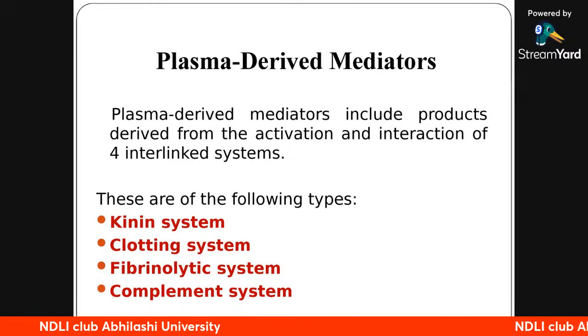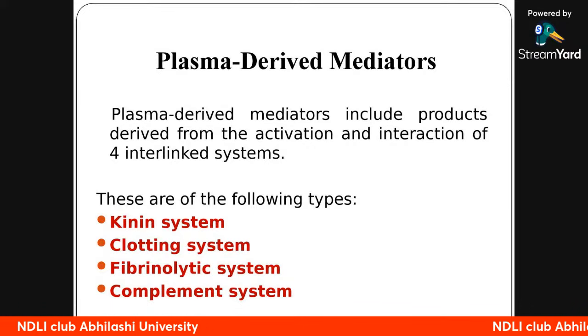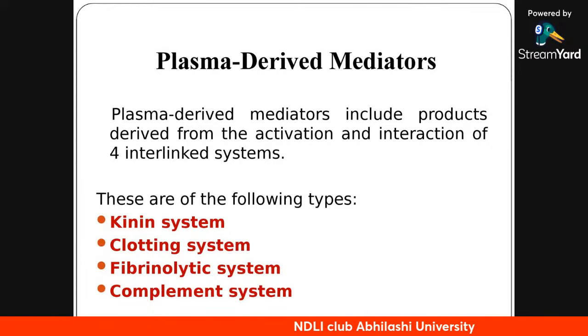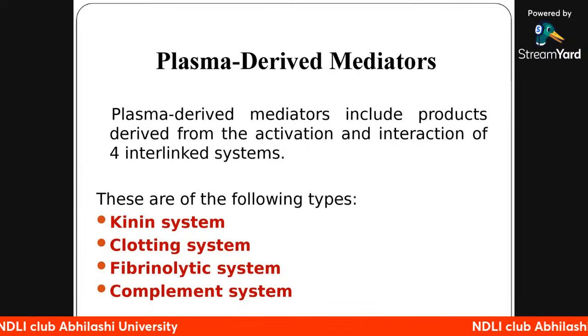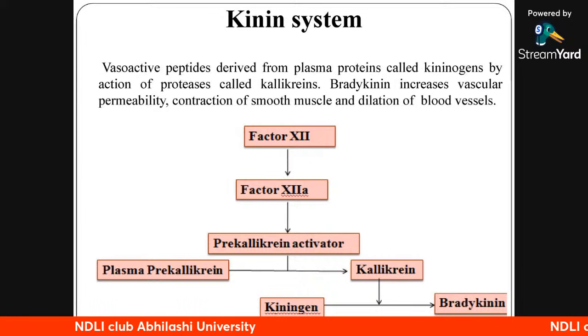Plasma-derived mediators include products derived from activation and interaction of four interlinked systems. These are the following: kinase system, clotting system, fibrinolytic system, and complement system. Factor 12 of the clotting system plays a key role in the interaction of the four systems. Kinase system.